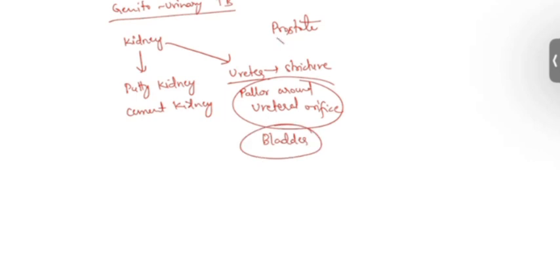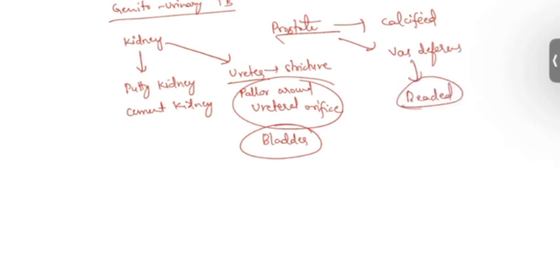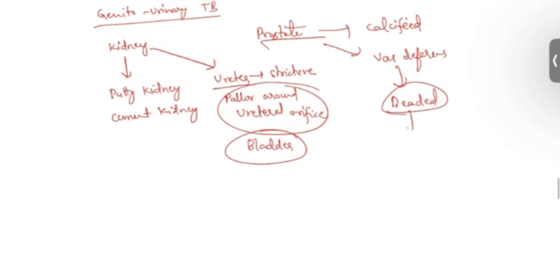After this, the prostate can again be involved. The prostate will become calcified, hard and nodular. After this, from here it can ascend to the vas deferens. The vas deferens will become beaded. Then discharging sinuses are created and these sinuses will drain into the scrotum.